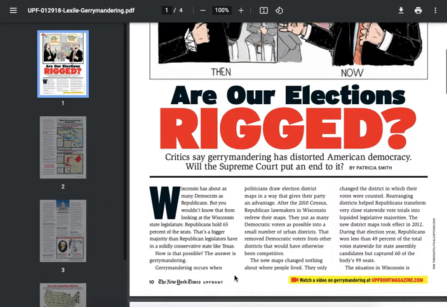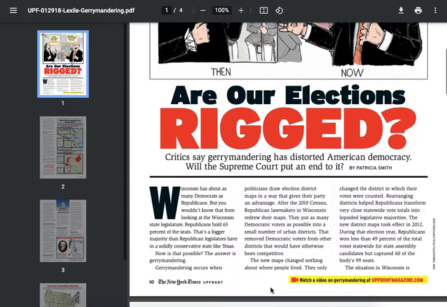They put as many Democratic voters as possible into a small number of urban districts. That removed Democratic voters from other districts that would have otherwise been competitive. The new maps changed nothing about where people lived. They only changed the district in which their votes were counted. Rearranging districts helped Republicans transform very close statewide vote totals into lopsided legislative majorities.